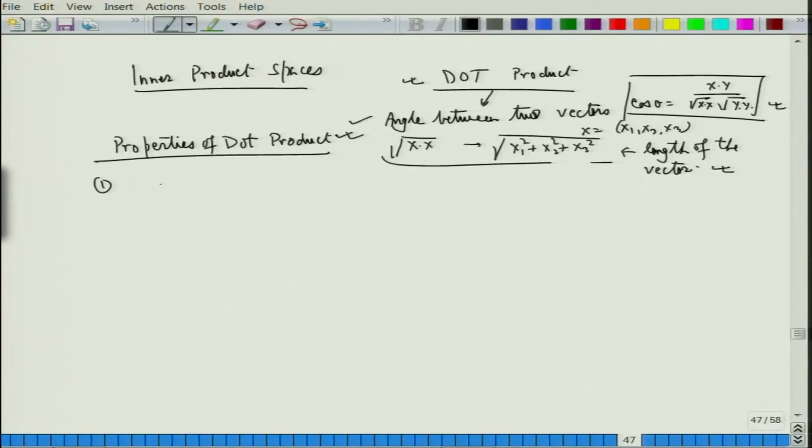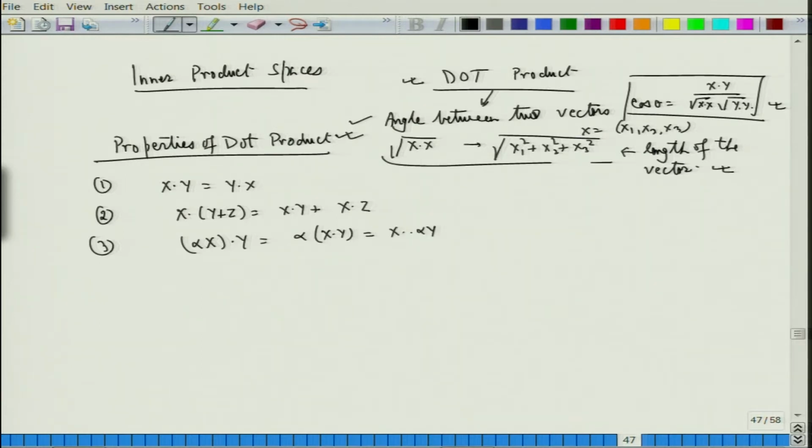So what are the things? Recall, x dot y was same as y dot x. Then we had x dot y plus z was x dot y plus x dot z. 3, alpha x dot y was same as alpha times x dot y, which was also equal to x dot alpha y, fine.